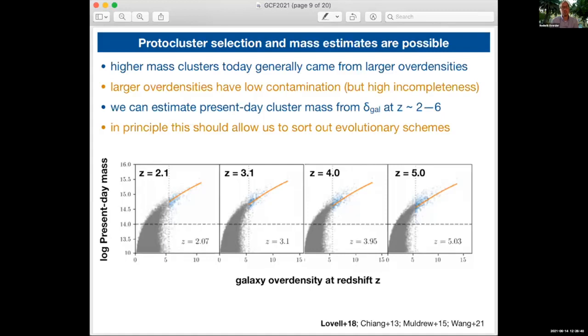And simulations such as this figure from Lovell et al. 2018 shows that the overdensity measured at some redshift above 2, 3, 4, 5, etc. actually is a reasonable proxy of the present day cluster mass within its scatter. And so this means that in principle, we should be able to sort out evolutionary schemes for clusters and protoclusters by ordering the objects that we find in these ways.